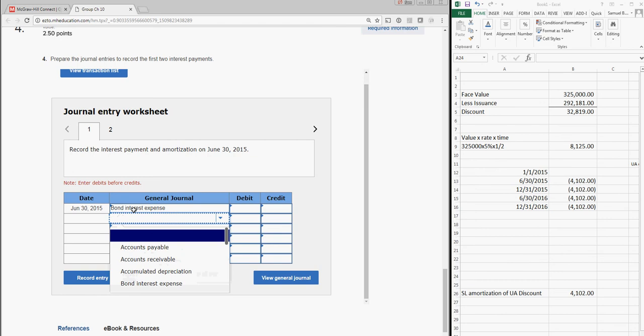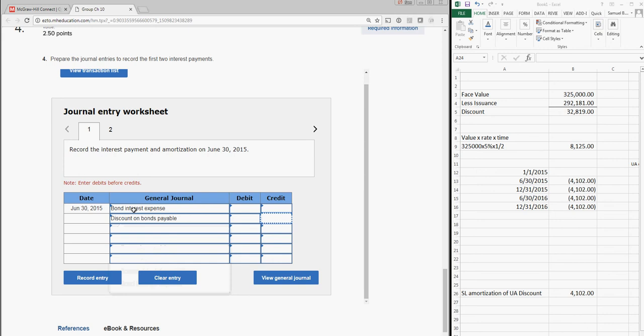Every time that I'm paying bond interest expense on a discounted bond, we're going to have 3 lines on the journal entry. One is going to be bond interest expense, and then we have to take out a part of the discount on bonds payable. We know that's going to be 4,102 each time. We just calculated that over here. And then, of course, I'm going to pay out some cash. The question is, what does all of that look like to us?